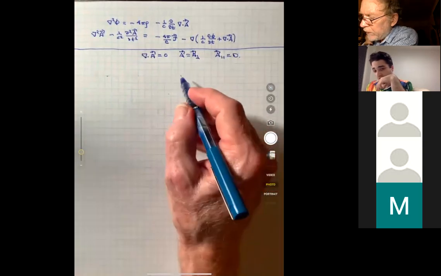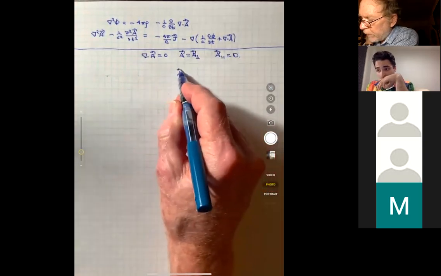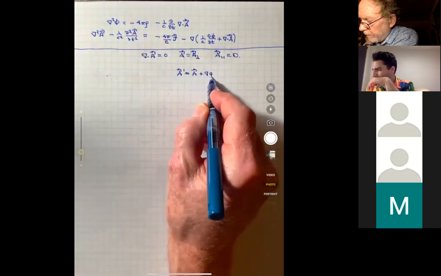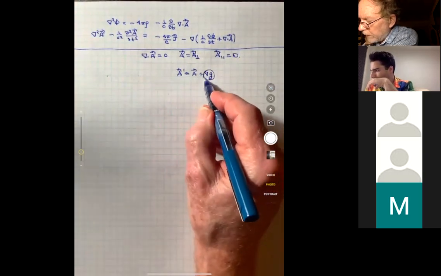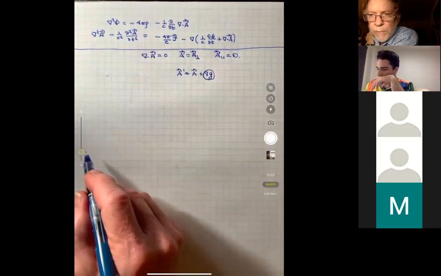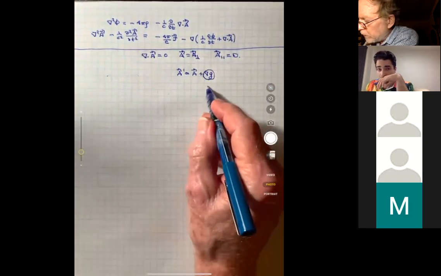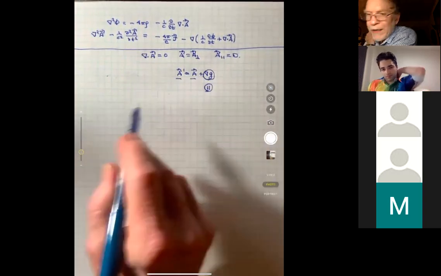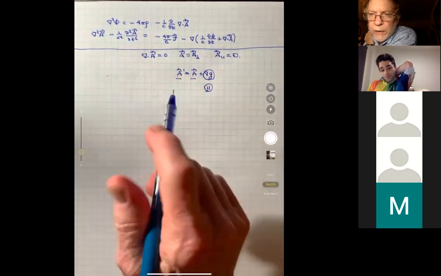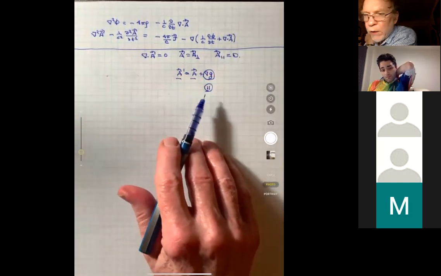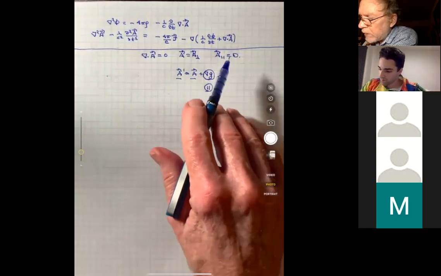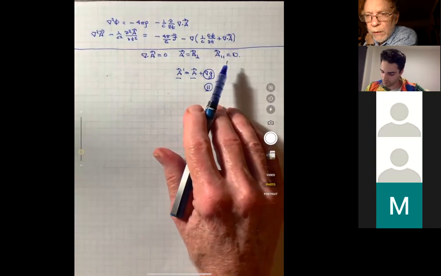By the way, if you do a gauge transformation, recall that A prime is equal to A plus the gradient of G. However, I've also pointed out that the gradient of a scalar is always purely longitudinal. So what a gauge transformation does, going from any gauge to any other gauge, is change the longitudinal part of the vector potential, but not the transverse part. And Coulomb gauge amounts to setting the longitudinal part equal to 0.